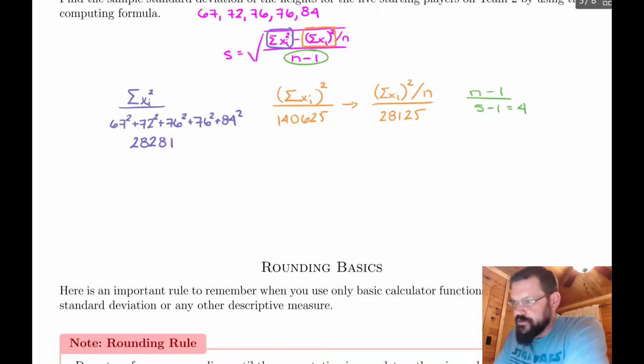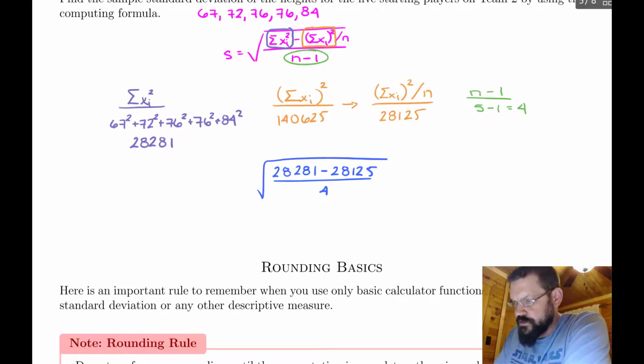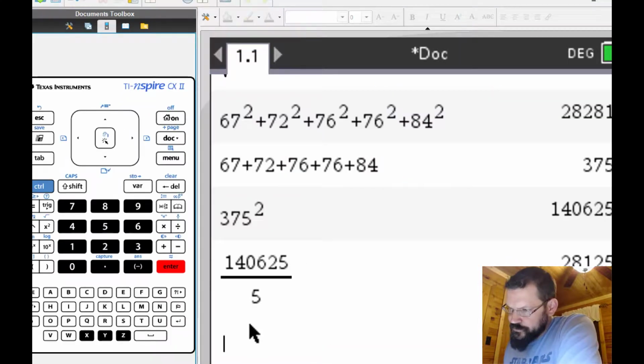So if I put all this together, the first thing that we found was the 28,281 minus the 28,125 divided by 4. We're going to take the square root of that. So let's go back to the calculator again.